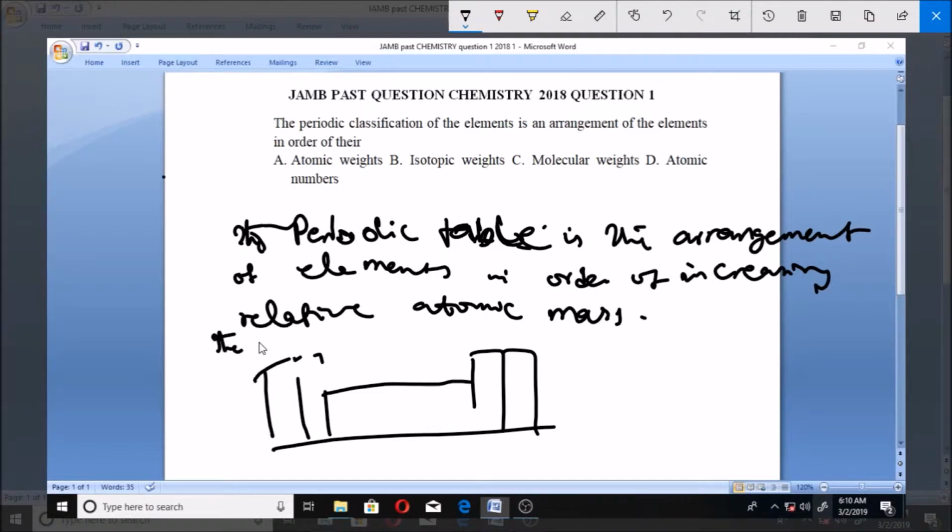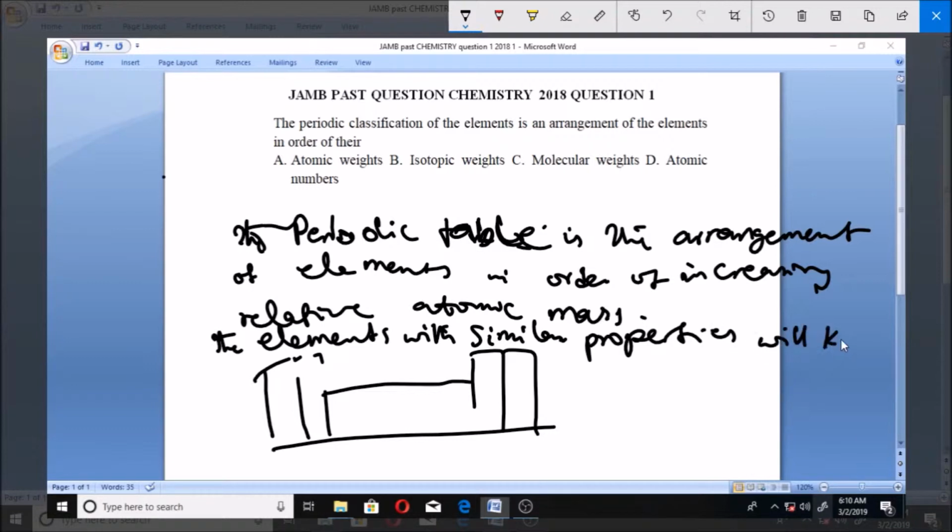In the periodic table, the elements with similar properties will always keep on recurring at regular intervals.